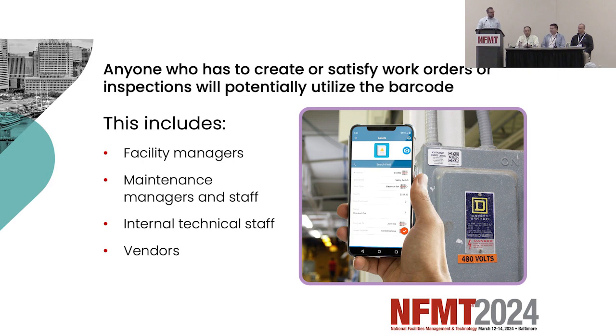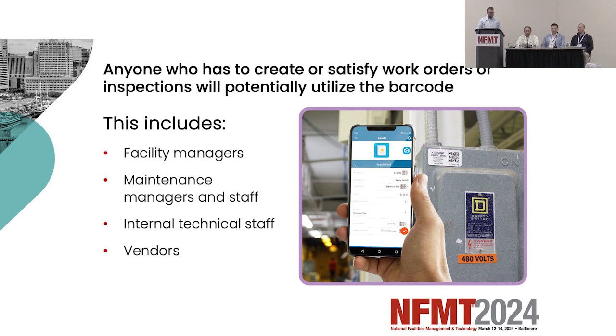Technical staff, whether they're internal staff or external staff, and you've got to make a decision if you want to have the external staff access the database. But again, they need to access it to find that work order so that they can do the PM, whether they're reacting to something that's gone down or just doing preventive maintenance.